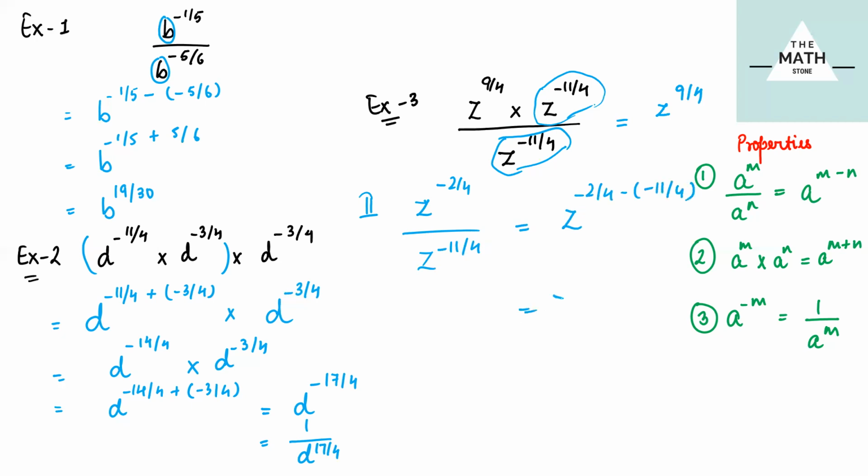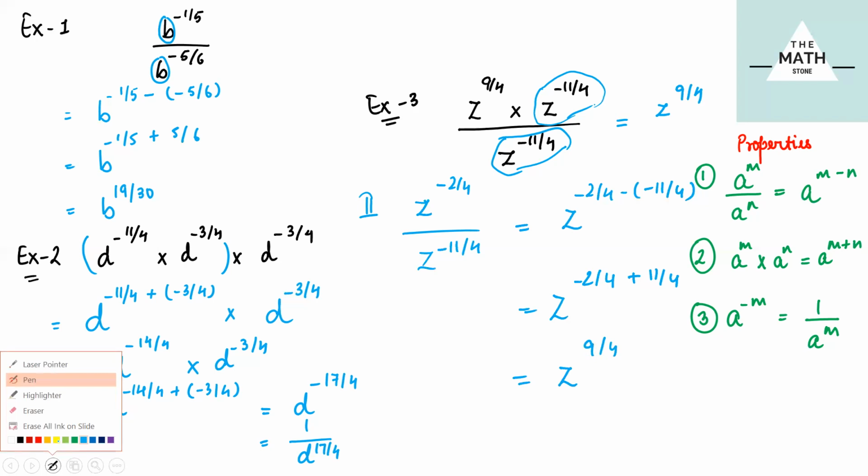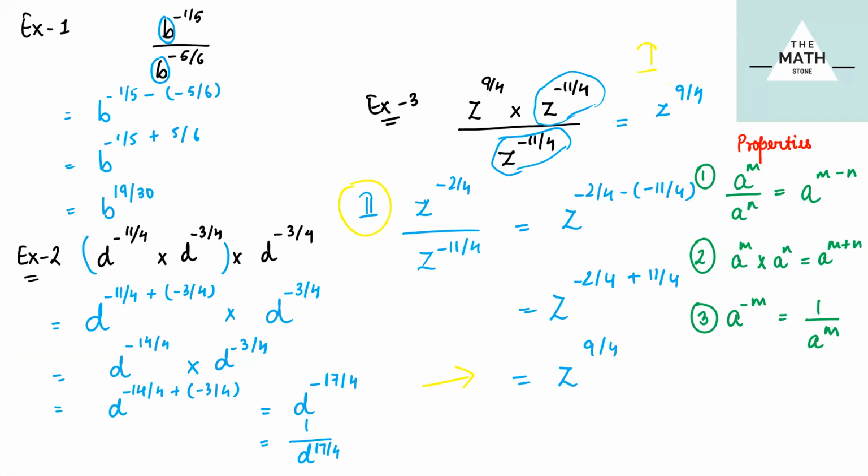So this becomes z raised to negative 2 over 4 plus 11 over 4. And this is 11 minus 2 is 9, 9 over 4. So see, you're getting the same answer. This is the second way, and this is the first way, and you're getting the same answer.